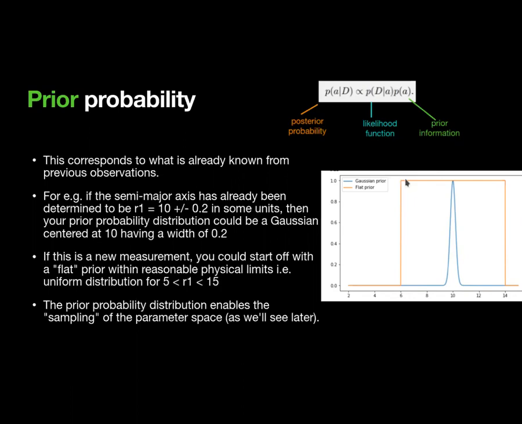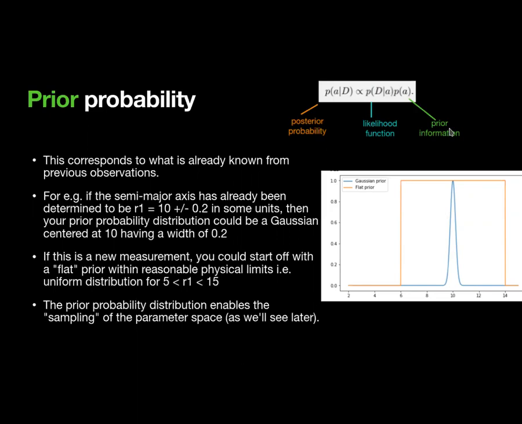I say all of them are equally likely, because I have no prior information about it. So the prior probability distribution encodes all the information that is already known, so to say. And this probability distribution will also enable the sampling of parameter space, something I'll explain in a couple of slides.